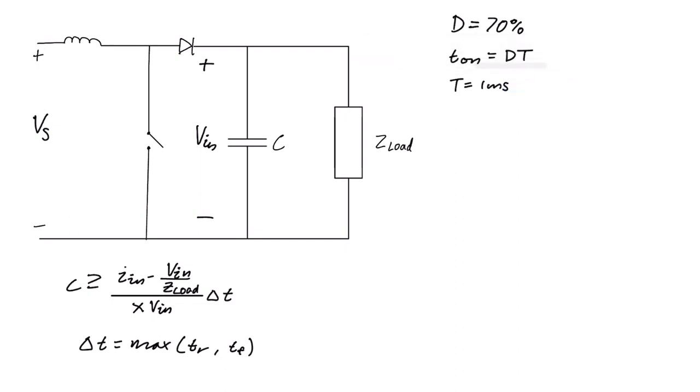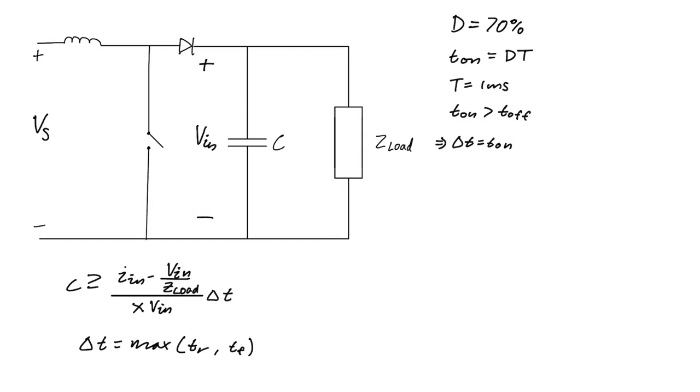Since the duty cycle is 70%, this means that T on is larger than T off. So then we choose to look at the position where delta T equals T on.